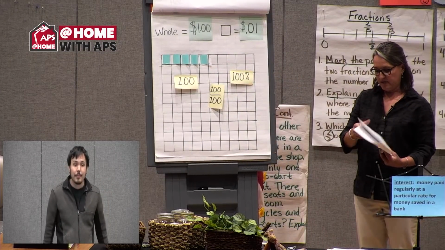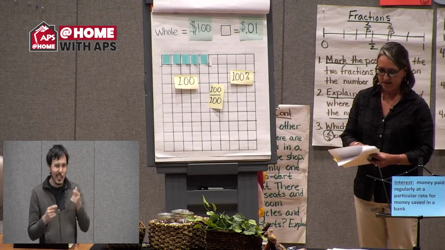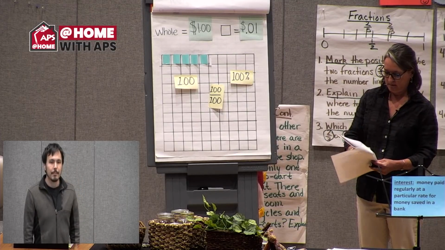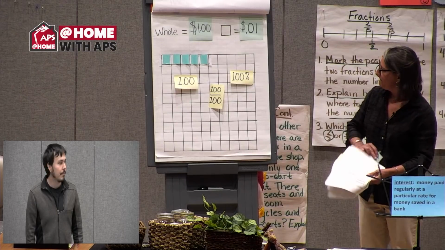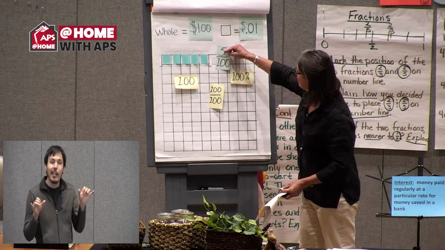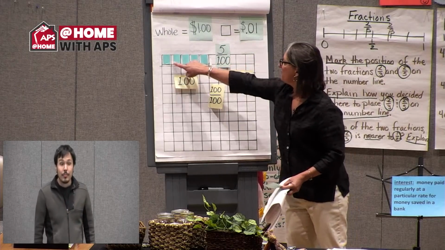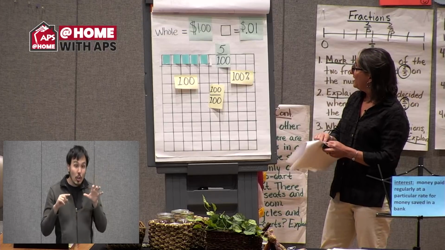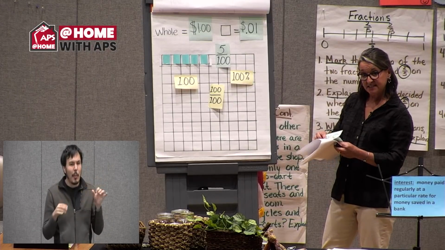So we could think about this as, we can also think about our 5% as a fraction. It's 5 units out of 100 units. We could think about it as a percent, right?